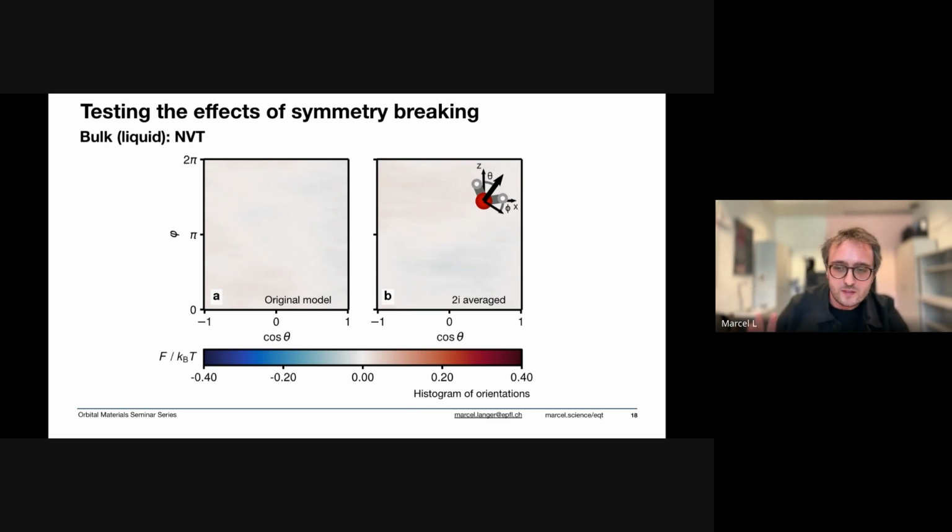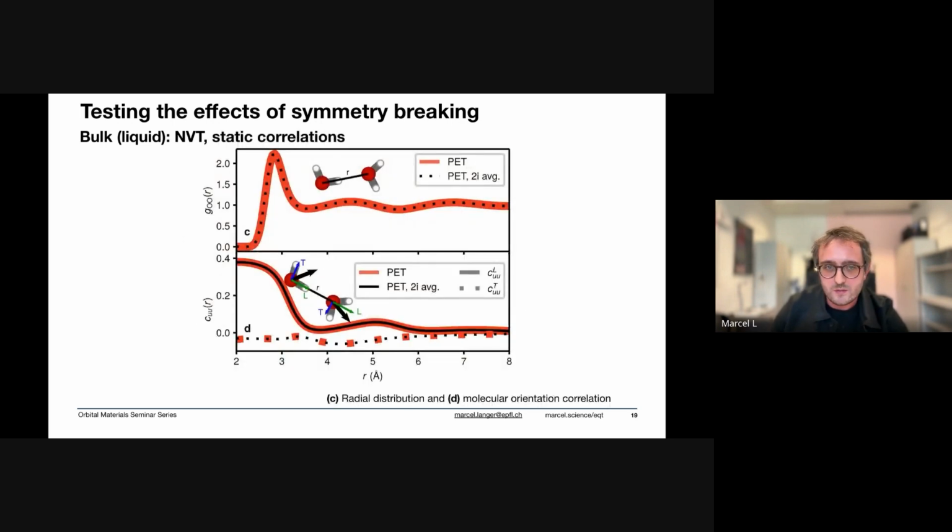Encouraged by this, we then started looking at other observables that we could think of for water. So here we have the radial distribution function and the correlation, for a given distance, between the orientations of different neighboring water molecules. Here you see also no difference between the non-invariant and invariant model.